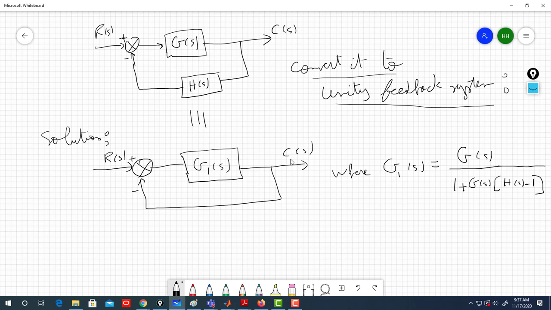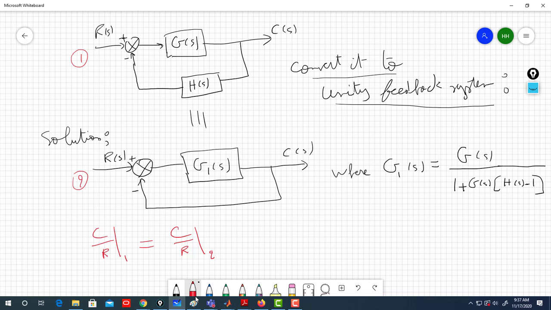Students? Doctor, we do the loop forward over 1 plus loop. We should obtain the same result. Very nice. So you do C over R for system 1 and see if it is equal to C over R for system 2.